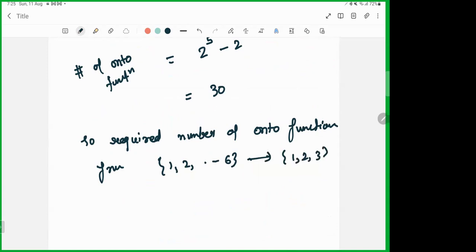How many? Tell me. How many onto functions do we have from this set to this set? I determined 1 2 up to 5 to {2, 3}. Now how many functions do I have? So we have 6 into 30. That is 180. Correct?